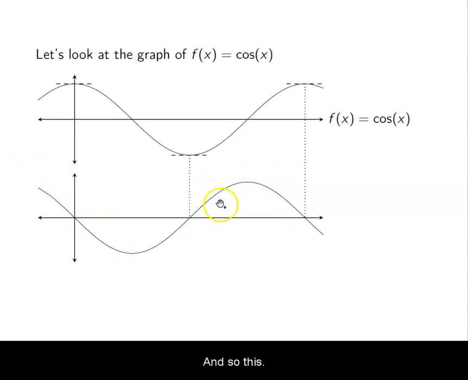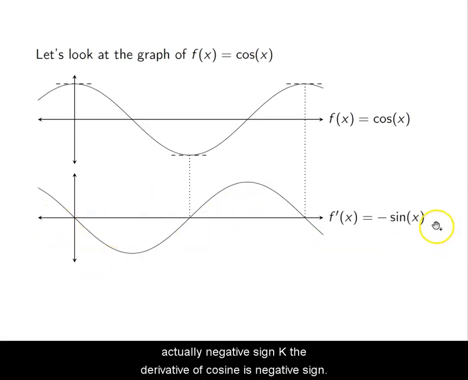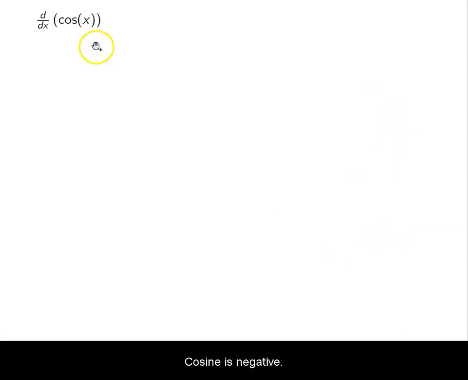And so this graph is actually a sine function because it starts at 0 and ends at 0 over one period. But instead of going up and then coming down, it's going down and back up. So this is actually negative sine. Okay, the derivative of cosine is negative sine. Right, so the derivative of cosine is negative sine.